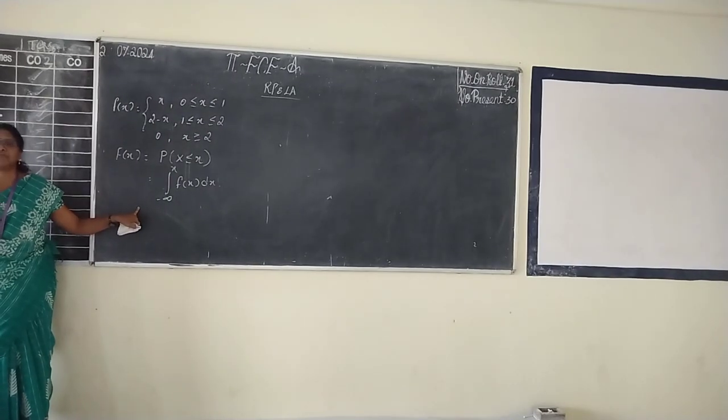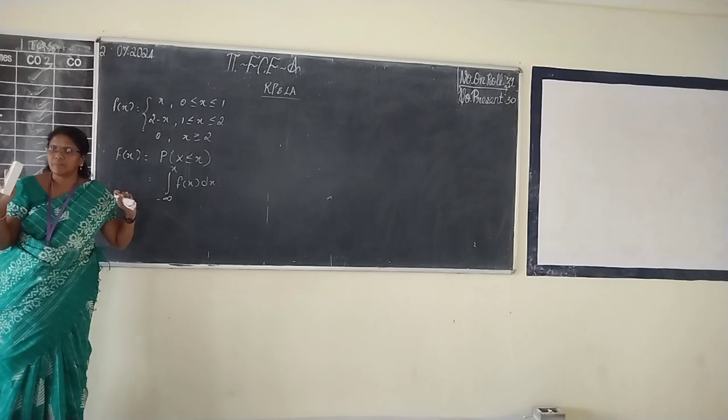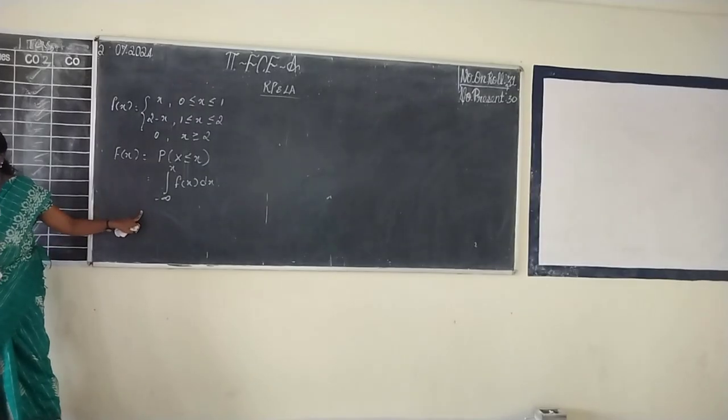Okay, this is slightly different from our previous problem. In the previous problem, we found the distribution function, but what interval did they give? That is the definition: you have to start only from the least lower limit.